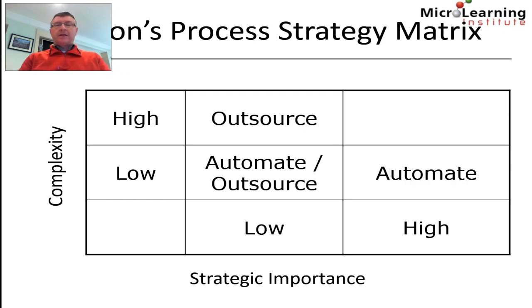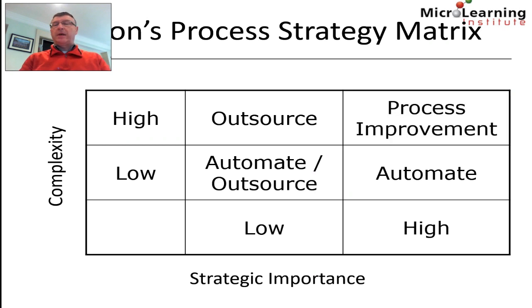Next, Harmon gets us to look at processes which have a high strategic importance, i.e. they're going to help us to compete in the competitive environment in the future. However, their complexity is low, they're pretty simple processes. So Harmon says we should strive to automate those processes where possible. And finally, Harmon looks at processes which are highly strategic for the future and also very complex.